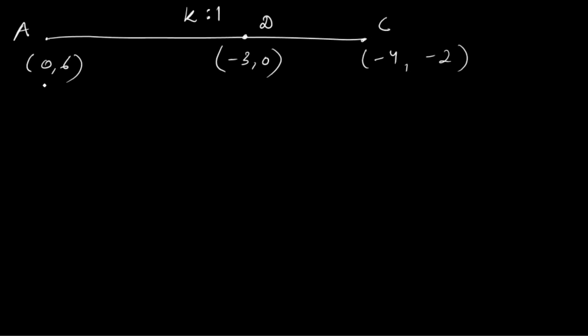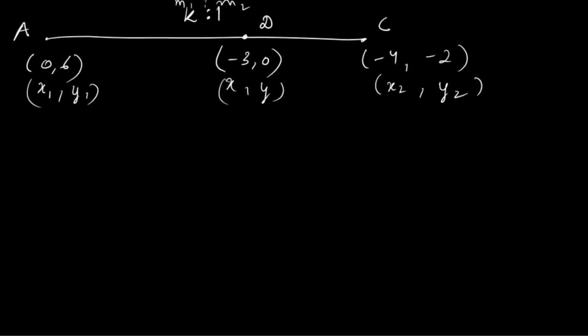Let's see which formula we have to use. I am writing the coordinates of A as x1, y1, the coordinates of C as x2, y2, and these coordinates as x, y. So K is to 1 is m1 is to m2, so everything I have written. Which formula do I have to use here?